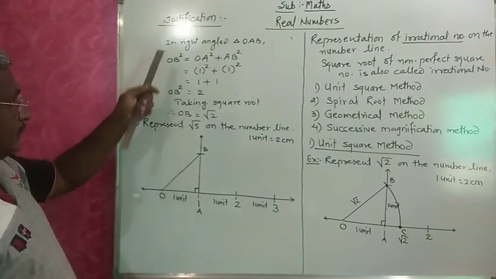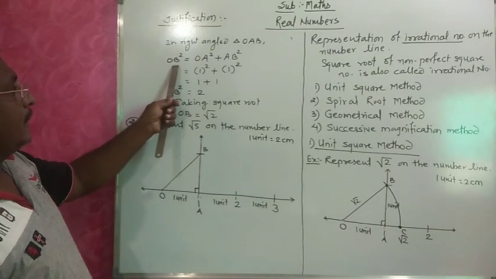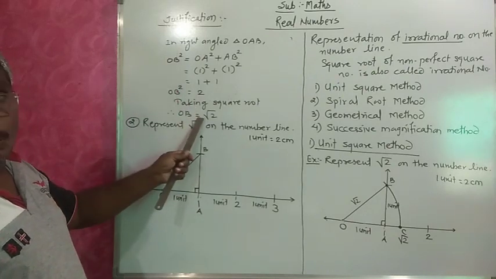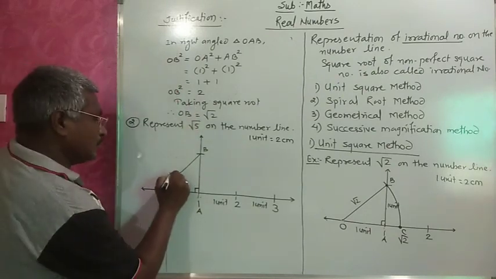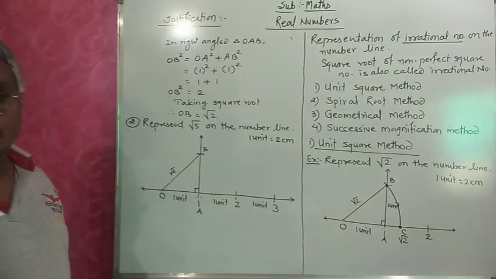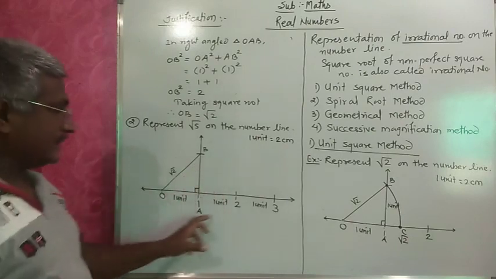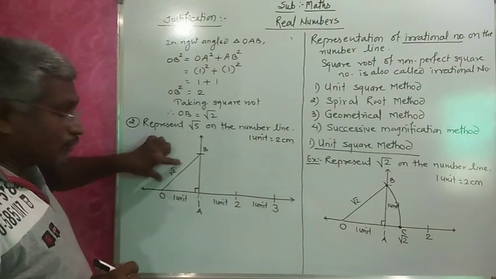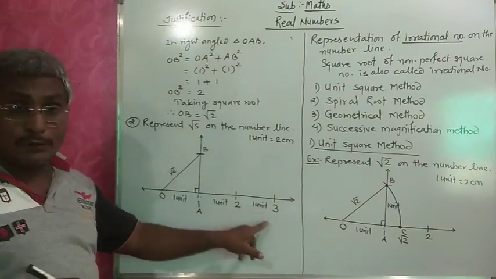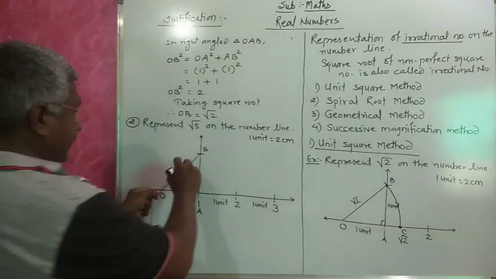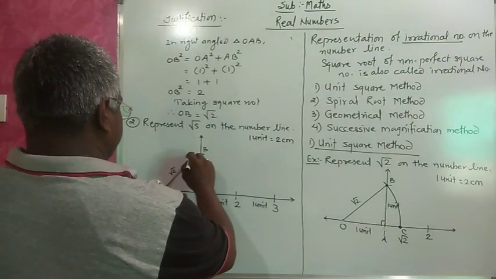So what is the value of this OB? Root 2. So this is root 2. Now we have to represent it on the number line. Here we got root 2, but it has to be represented on the number line. So the OB distance has to be taken in a compass.